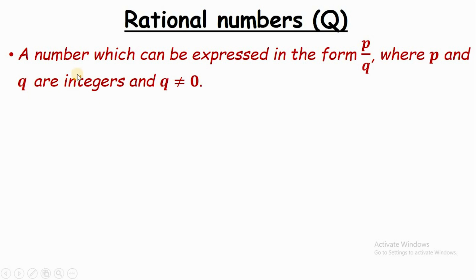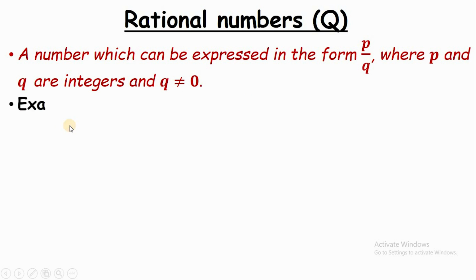Now this is a very important point over here. p and q should be integers and q should not be equal to 0, because any number divided by 0 is not defined. Therefore we cannot find 1 divided by 0 or 2 divided by 0, etc. Therefore q should not be equal to 0.